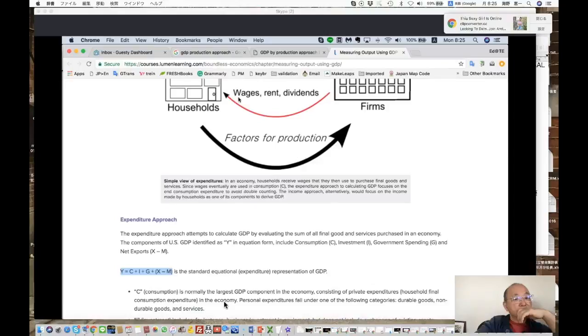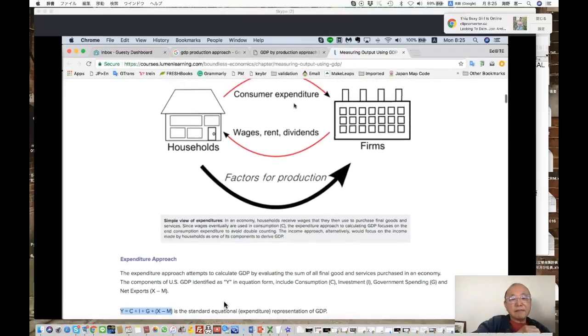So we get the wages because we work in the factories. We get rent because we provide land to the factories, and we get profit. If the firm does it well, they make a profit. But that money goes back to the households as dividend. The households are going to use that to consume, to buy stuff.